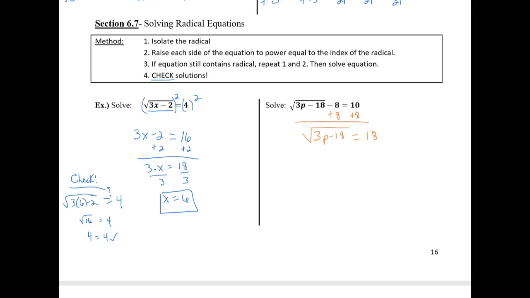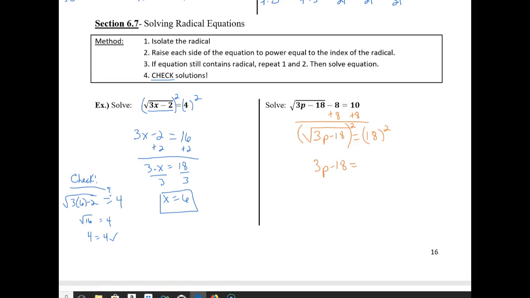Now that it's isolated, I can undo the square root by squaring both sides of that equation. The square and square root undo each other, and we have 3p minus 18 equaling 18 times 18, which is 324.